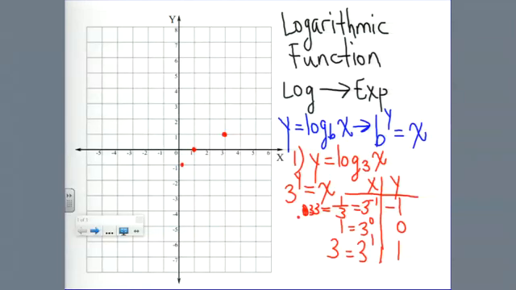If you plug in something greater than 1, it will go off the Cartesian plane, but it'll keep going up a little bit. Again, this is just a rough sketch. But this is what your logarithmic function will look like graphed.